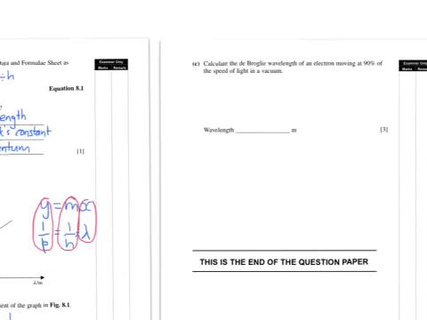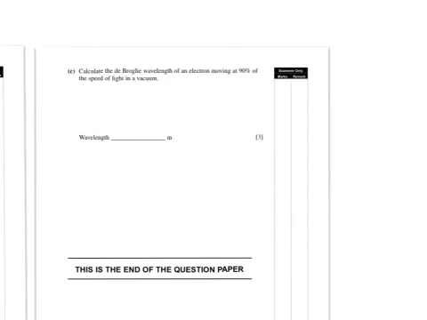The very last part of the question then, it says to calculate the de Broglie wavelength of an electron moving at 90% the speed of light in a vacuum. So we're being asked to calculate the de Broglie wavelength. We've been told its speed, we know its mass as well.